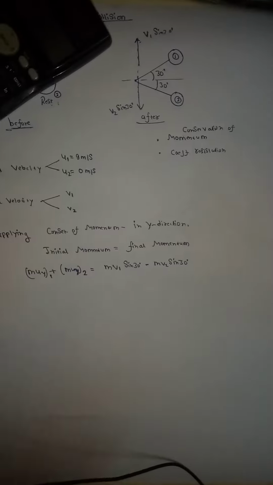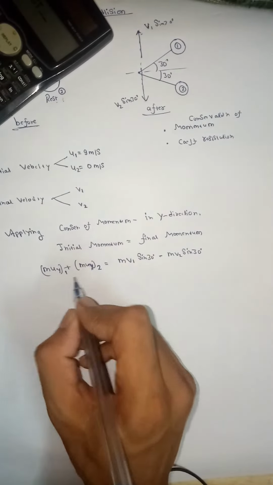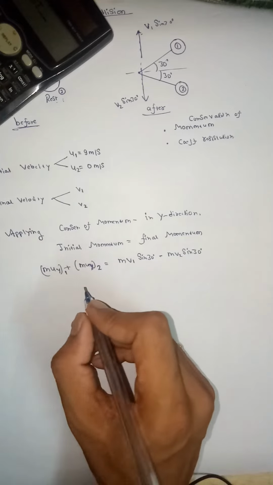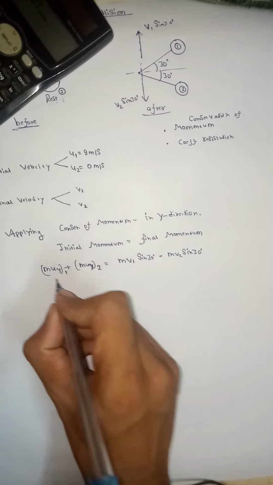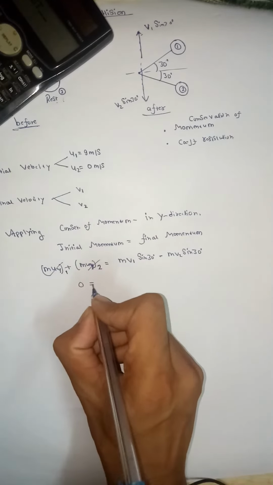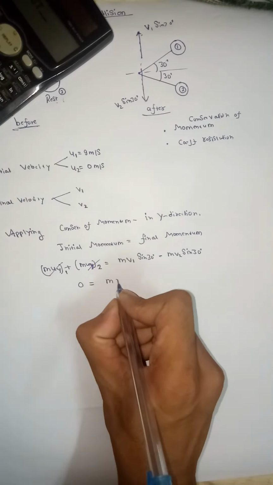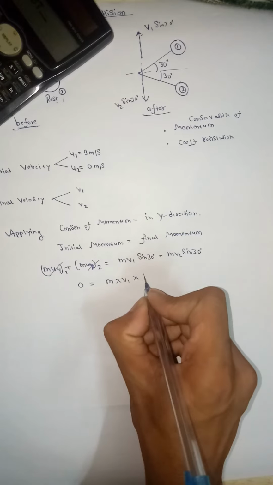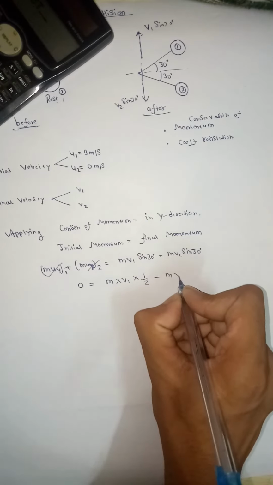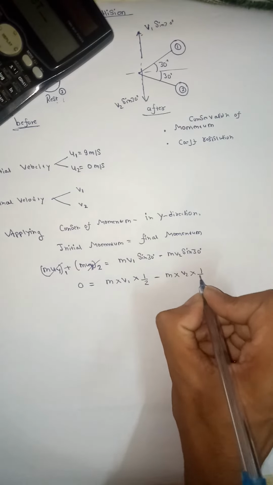Here the sign convention is this: the upward velocity will be positive and the downward velocity I am taking as negative. Okay, now before the collision there are zero velocities in y direction, so these terms will be 0. Now mass into v1 into sin 30 is nothing but m v1 into 1 by 2, minus m into v2 into 1 by 2.